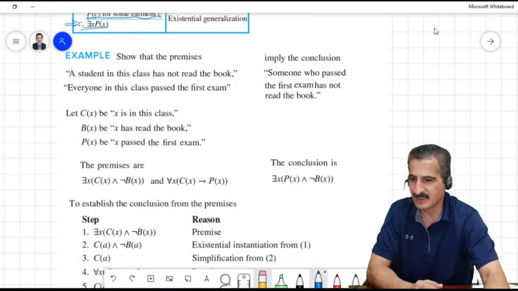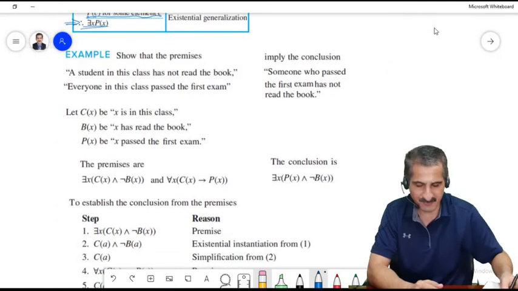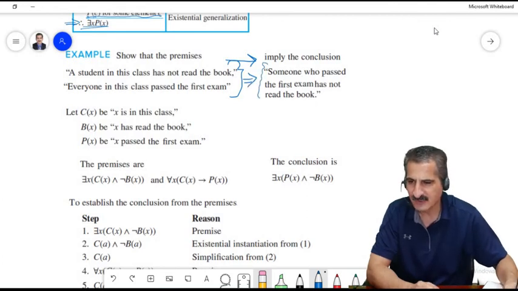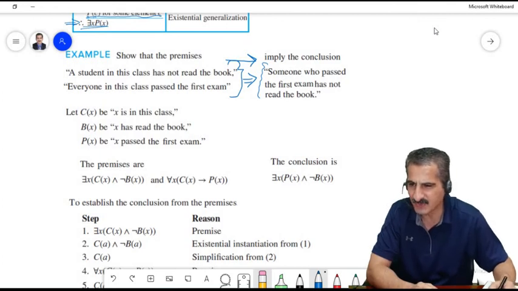Okay, example, show that these premises will give us this conclusion. So we have these premises and we want to conclude this conclusion. A student in this class has not read the book.